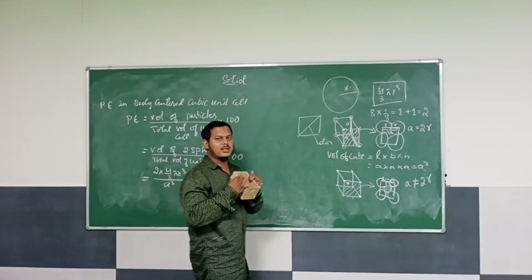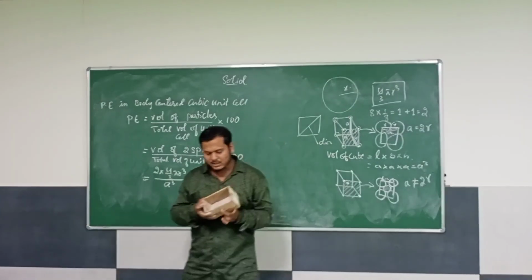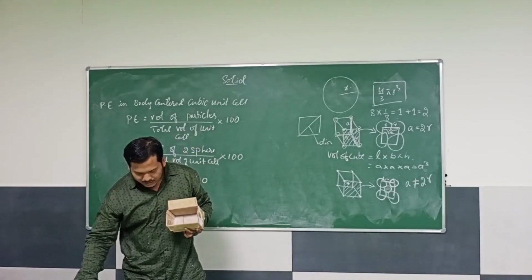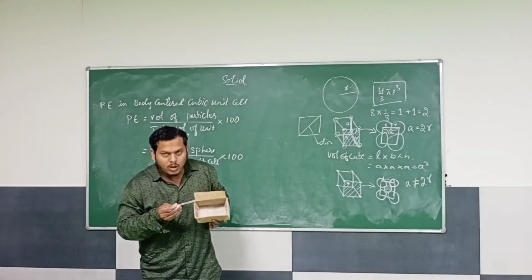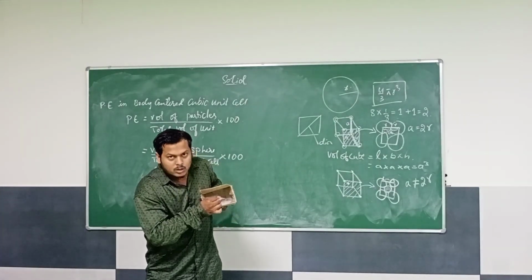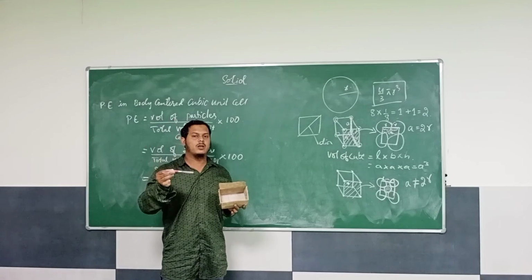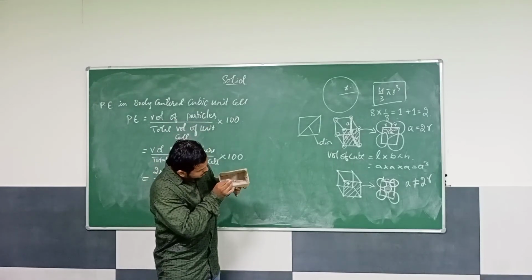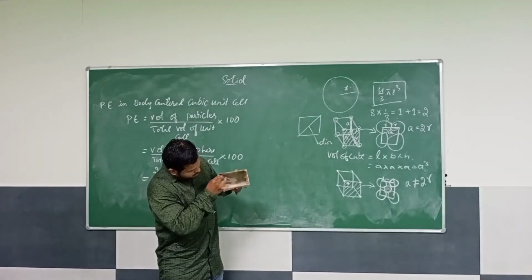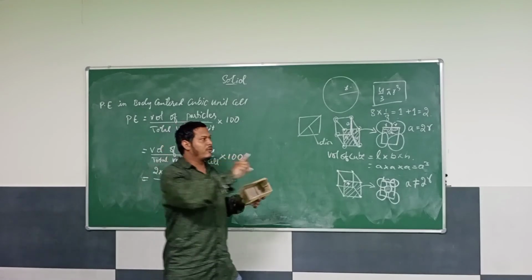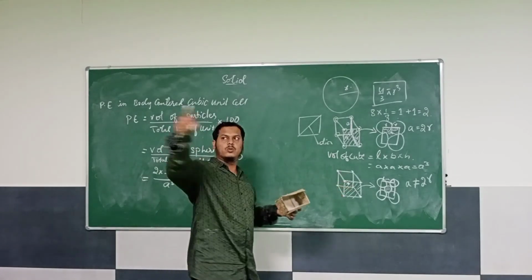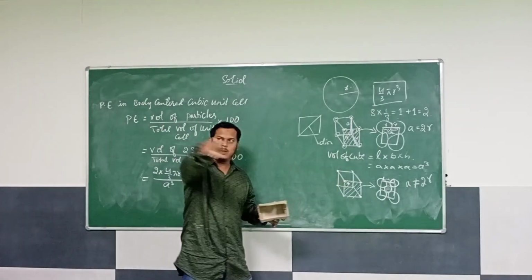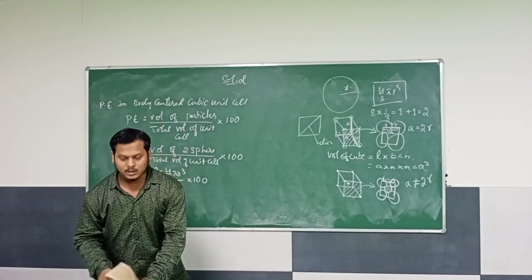What is my body diagonal? Listen here. If I draw a line from this corner to this corner, this becomes a body diagonal. Again I am repeating, this corner to that corner, a line. So this line becomes a body diagonal.